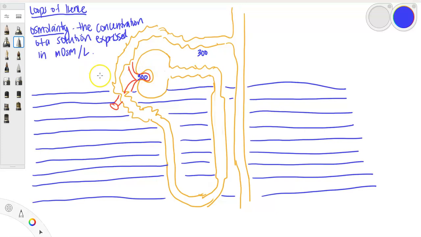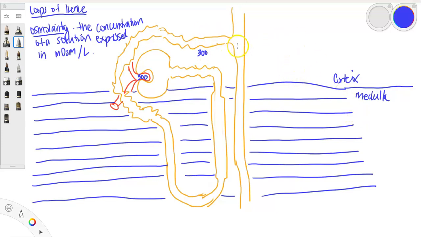Also, in this area, you see that we're up here. This is the cortex. So under that, down here, would be the medulla. So where this first line is, above that is the cortex. Below that is the medulla, okay?